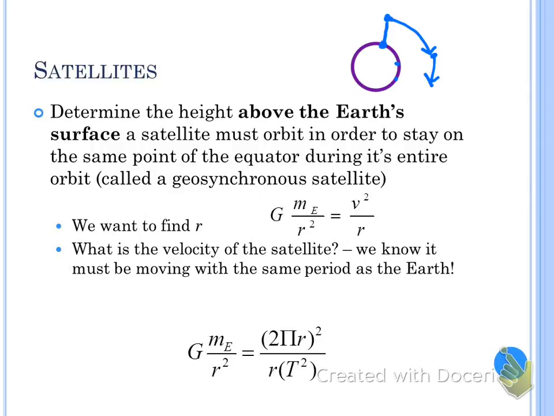So let's calculate the velocity by basically knowing what the period of the Earth is. How long does it take the Earth to spin around one time? No, not orbit the sun. To spin. 24 hours. So T is equal to 24 hours. Is that what we want our units to be in? No. We want it to be in what? Seconds. Good.